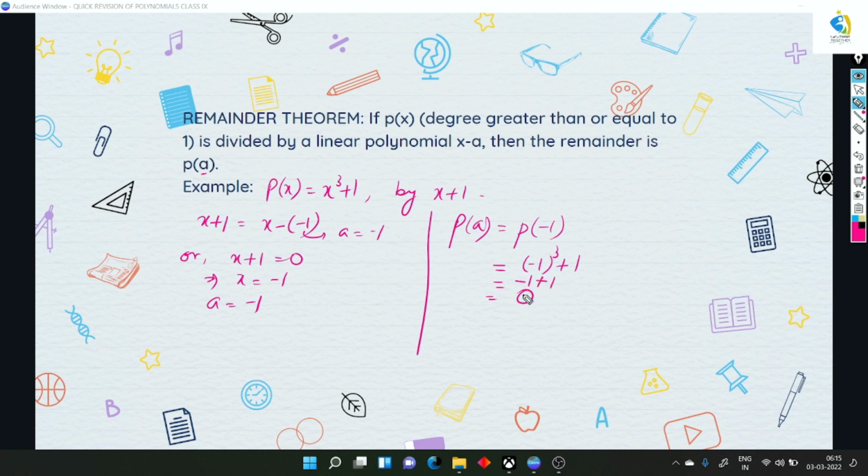So these both will be cancelled and we get a 0 here. So the remainder is, we can say that remainder will be 0. So we don't have to do that whole long division method here. Okay, so we can say that this is actually kind of easy method of finding out the remainder.